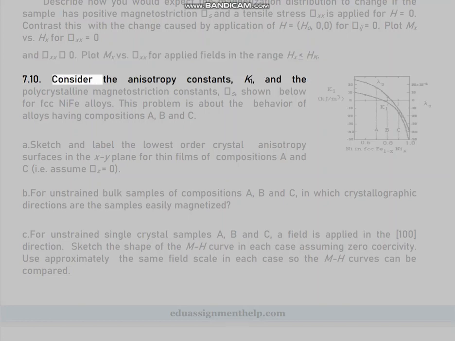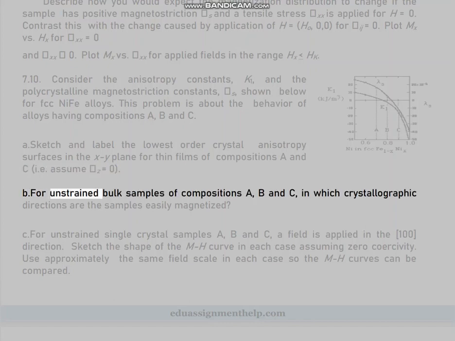7.10. Consider the anisotropy constants, K1, and the polycrystalline magnetostriction constants, λS, shown below for FCC Ni-Fe alloys. This problem is about the behavior of alloys having compositions A, B and C. A. Sketch and label the lowest order crystal anisotropy surfaces in the XY plane for thin films of compositions A and C, i.e. assume Z equals 0.